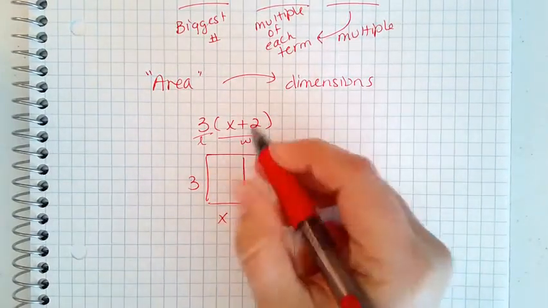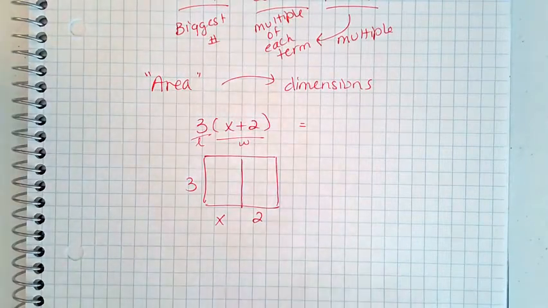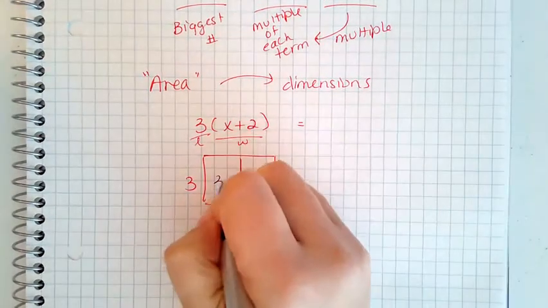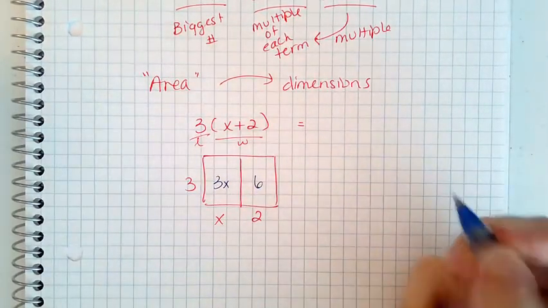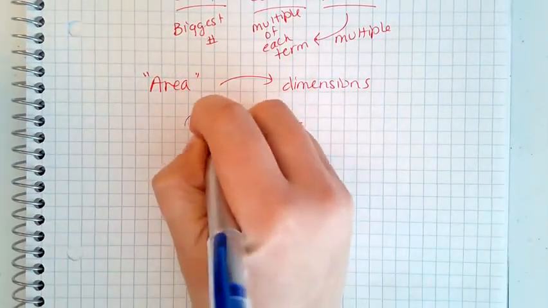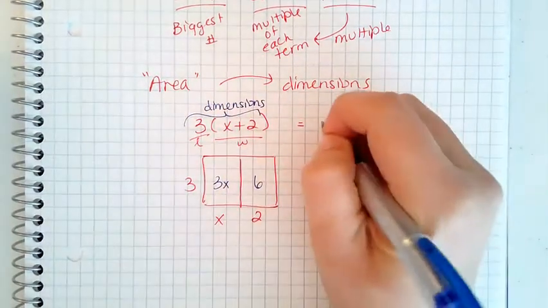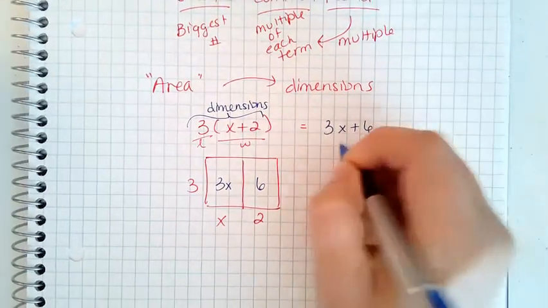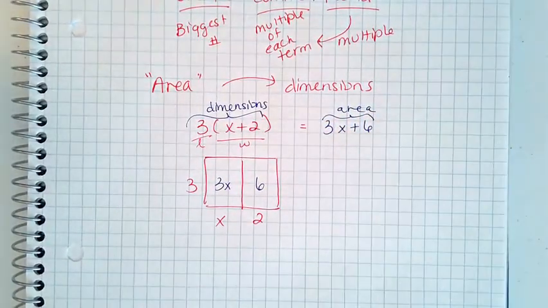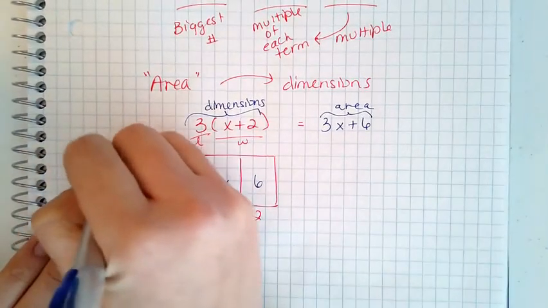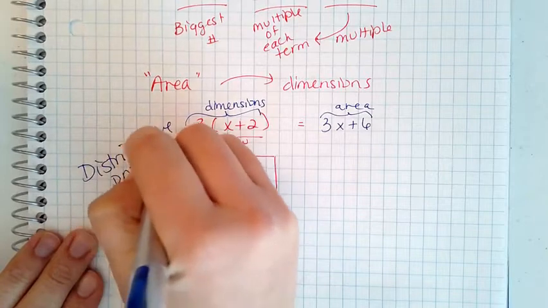And then to find what this equaled, or the area inside, we did 3 times x, which would be 3x, and 3 times 2, which would be 6. And so this was the dimensions. And then what we got from that by distributing was the area. Okay, so this is distributive property or distributive work.